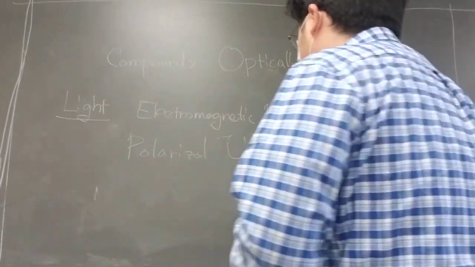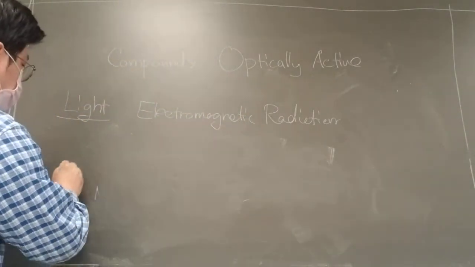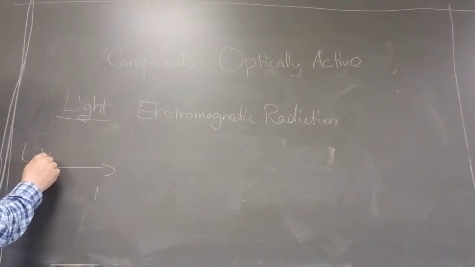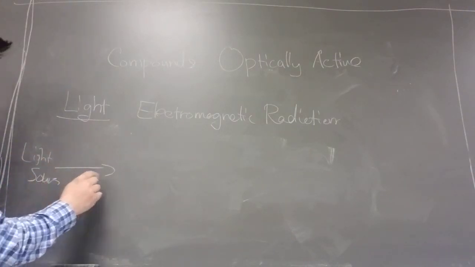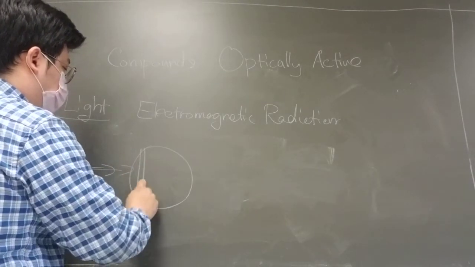Okay, so if that is true, maybe you can shoot the light. Maybe there's a light source here. Then you shoot the light, and we're going to use a polarizer.